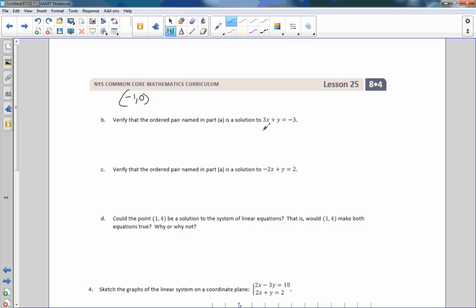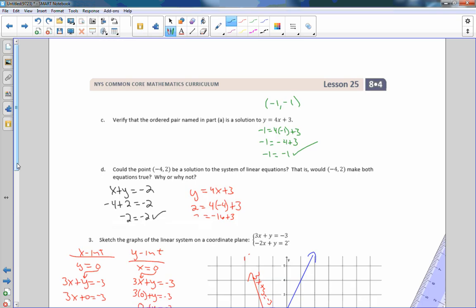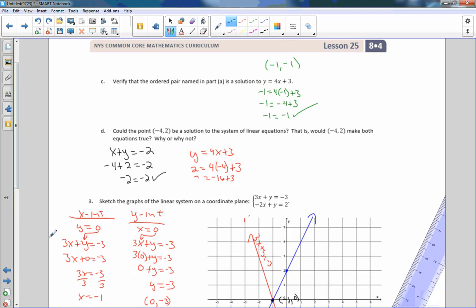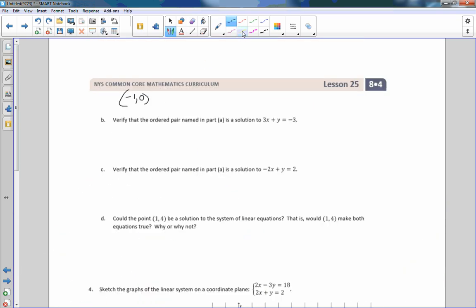I want to verify that it's true in both equations, and I did the 3x in red and the other one in blue, so I'm going to keep this color coded. So (-1, 0) is 3 times negative 1 plus y, which is 0, equals negative 3. Negative 3 plus 0 equals negative 3. Negative 3 definitely equals negative 3, so that is a solution to that equation.